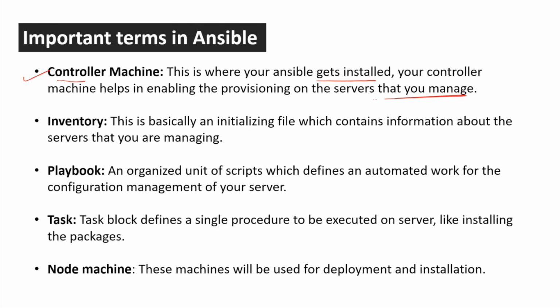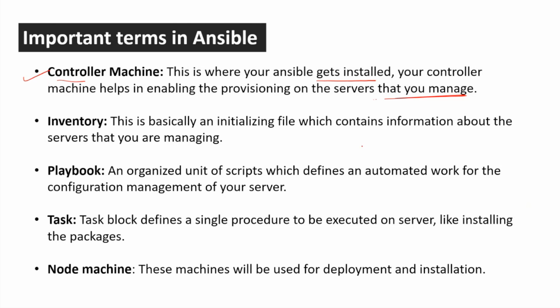Okay. Inventory. This is basically an initializing file. Whatever terms we are going to learn, you are going to use in your work, so remember all these things. Inventory is basically an initializing file which contains information about the servers that you are managing.